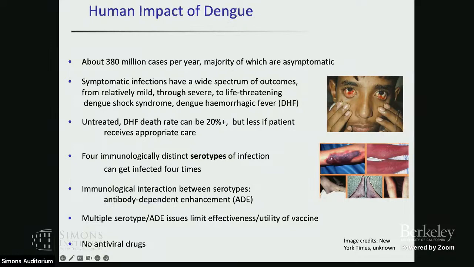So you can get situations where having had one serotype before can give you a more severe infection the next time. And that's actually an important point, and one of the barriers that there's been to the development of vaccines against dengue, because you need to have a vaccine that works against all 4 serotypes, or else actually the vaccine can make matters worse.